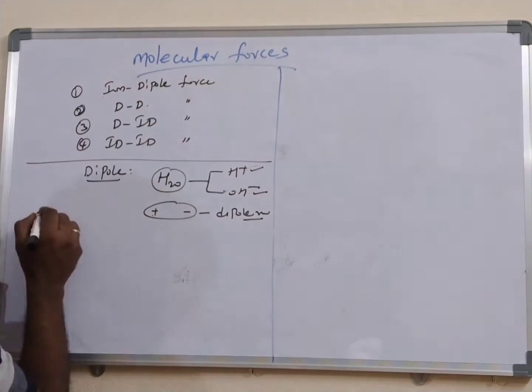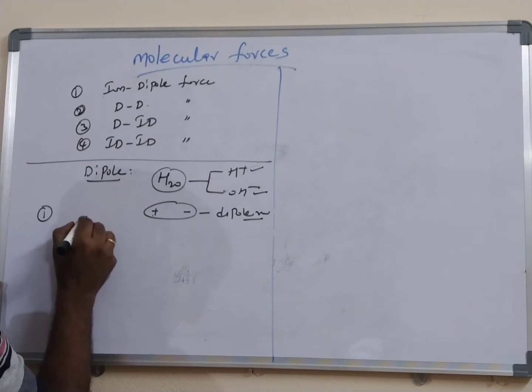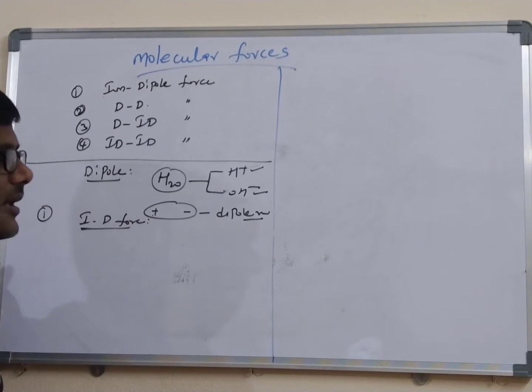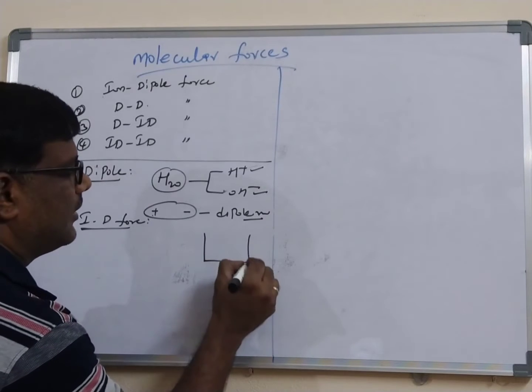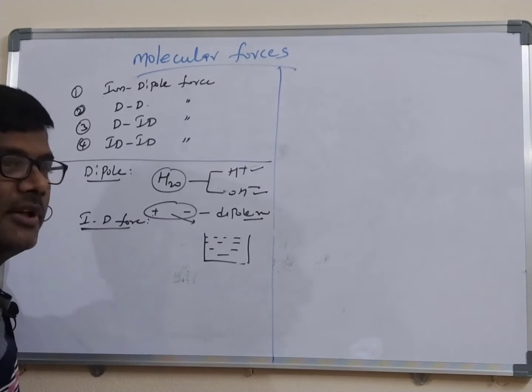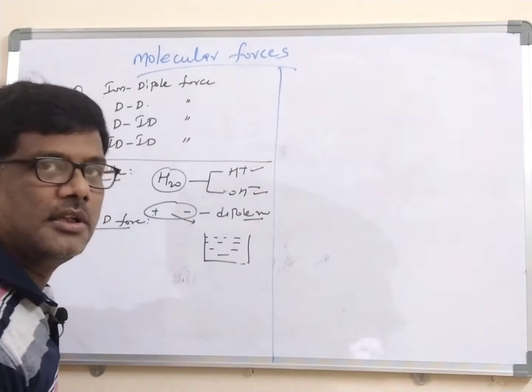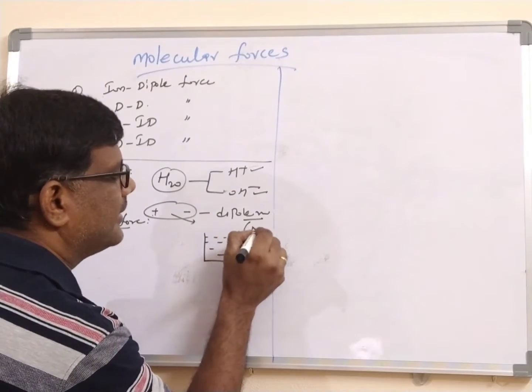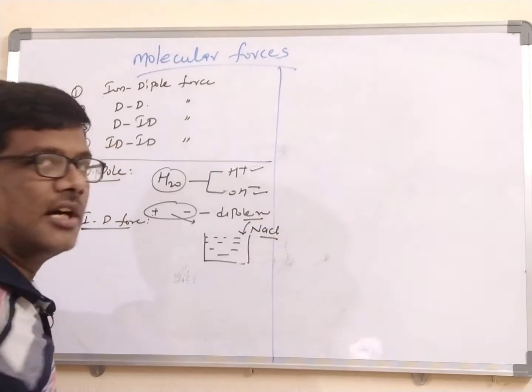Now I am taking the first, which is called the ion dipole force. What is the meaning of the ion dipole force? Now I am taking the water, which is a dipole molecule. Already you are familiar, plus and minus. That's why it is called the polar molecule. Now I am adding sodium chloride, common salt.